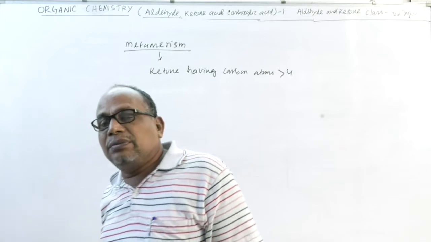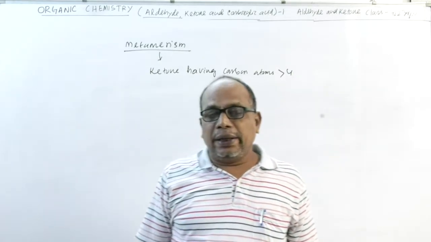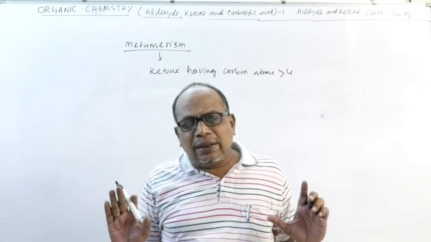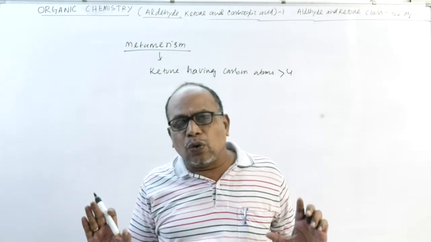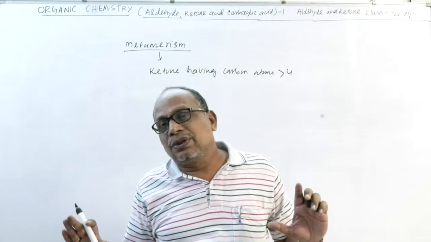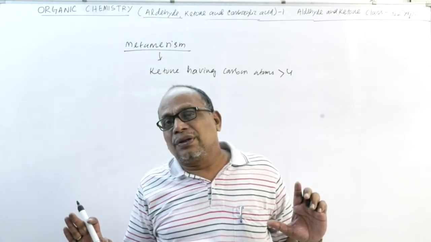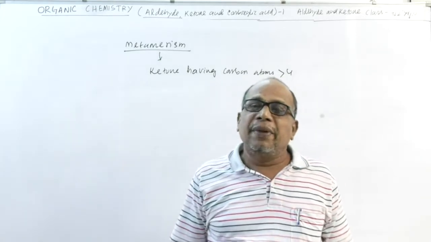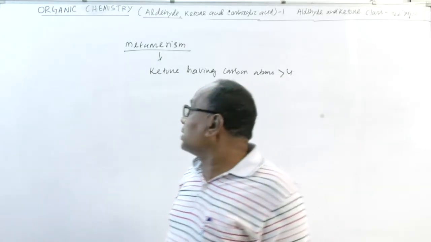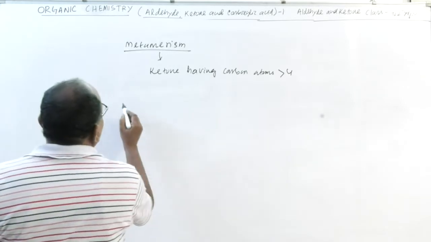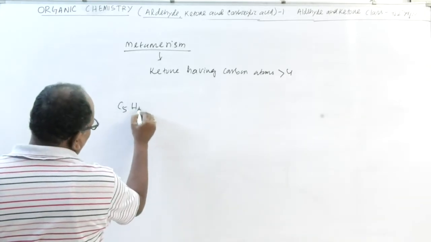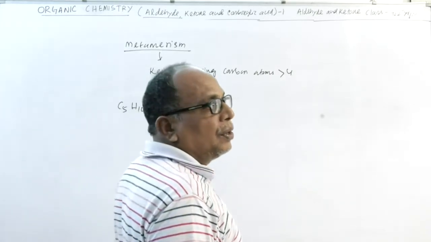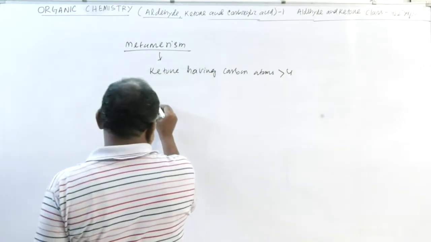What is metamerism? The keto group is bivalent, and the bivalent keto group is attached to different alkyl groups in different structures of the ketone. That is called metamerism. For example, I will take a ketone like C5H10O. This is the general formula of a ketone, and I can draw several isomers.